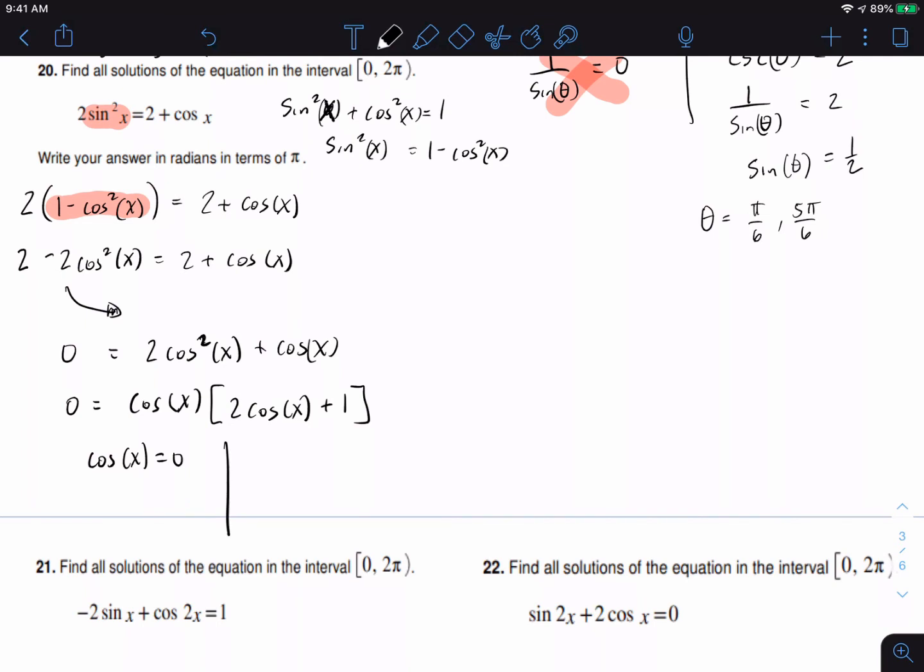Cosine of x is equal to 0 at pi over 2 and 3 pi over 2. And then over here, I'm getting 2 cosine of x plus 1 is equal to 0. So 2 cosine of x is equal to negative 1. So cosine of x is equal to negative 1/2.